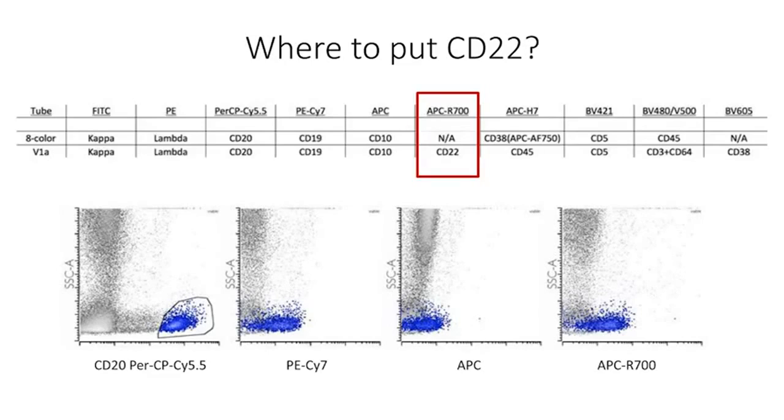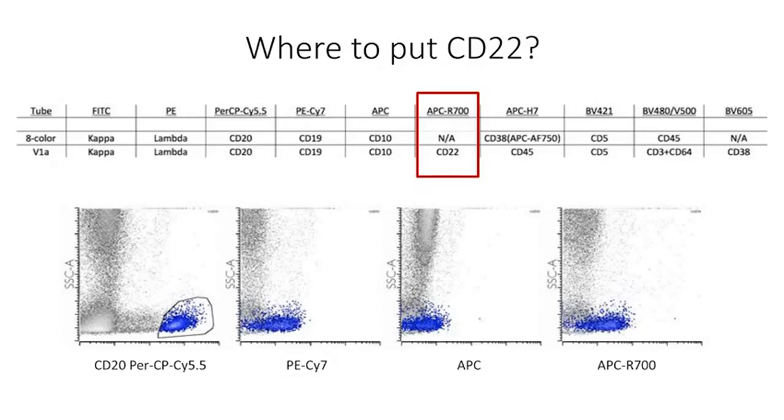However, one way to get around that is to put antigens in these colors which would be expected to be positive on CD20 bright cells. So for example, CD19 is already positive on CD20 strongly positive B cells, so that we get away with that even in the 8-color world. And CD22 would also be predicted to be positive on any mature CD20 positive B cells.